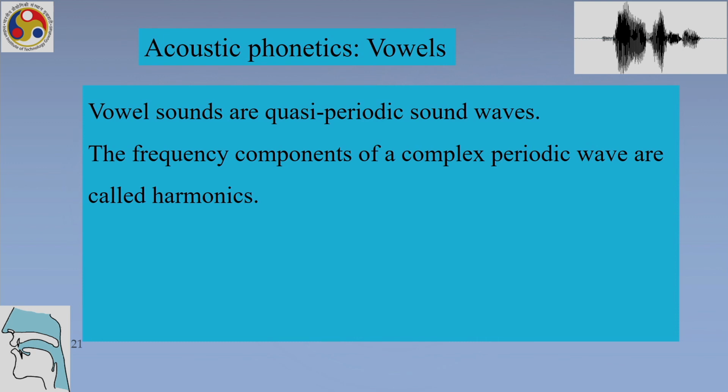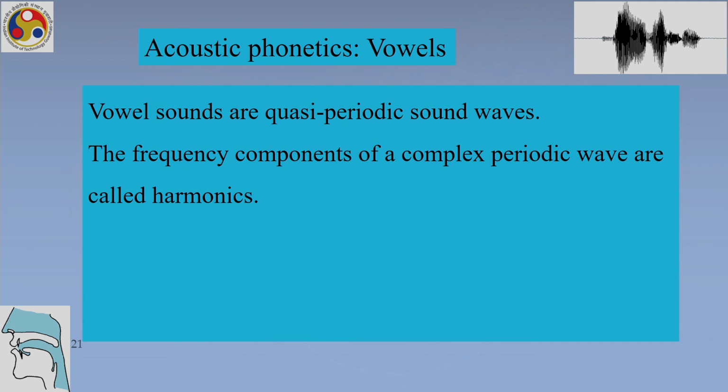So coming back to vowels, vowel sounds are periodic, but if you want to know more details, they could also be called quasi-periodic, but you can think of them as periodic sound waves. And the frequency components of these complex periodic waves are called harmonics. We already saw the harmonics at the glottal source.